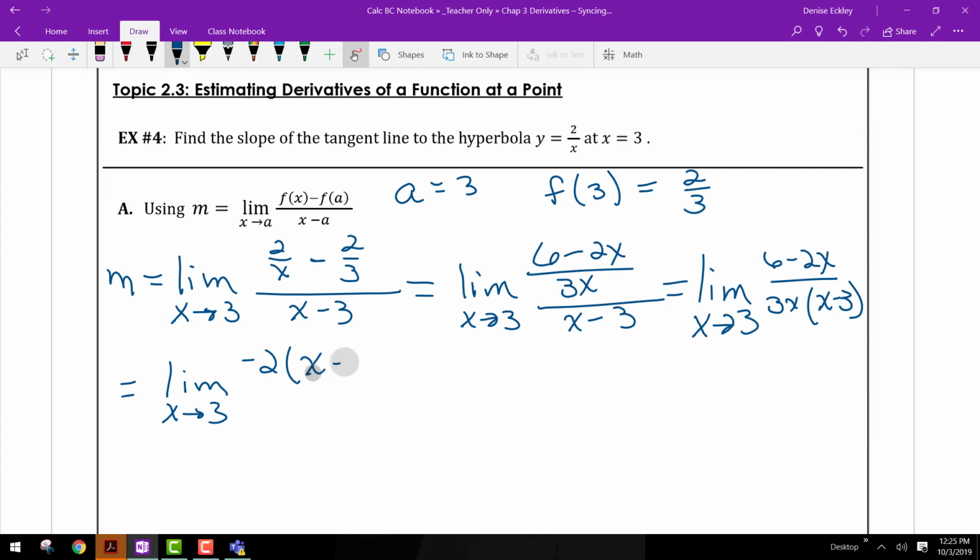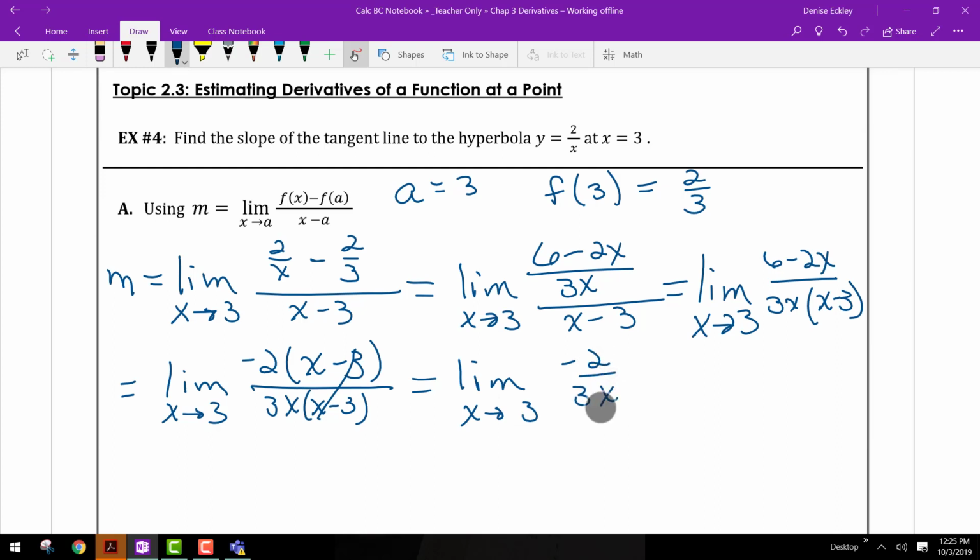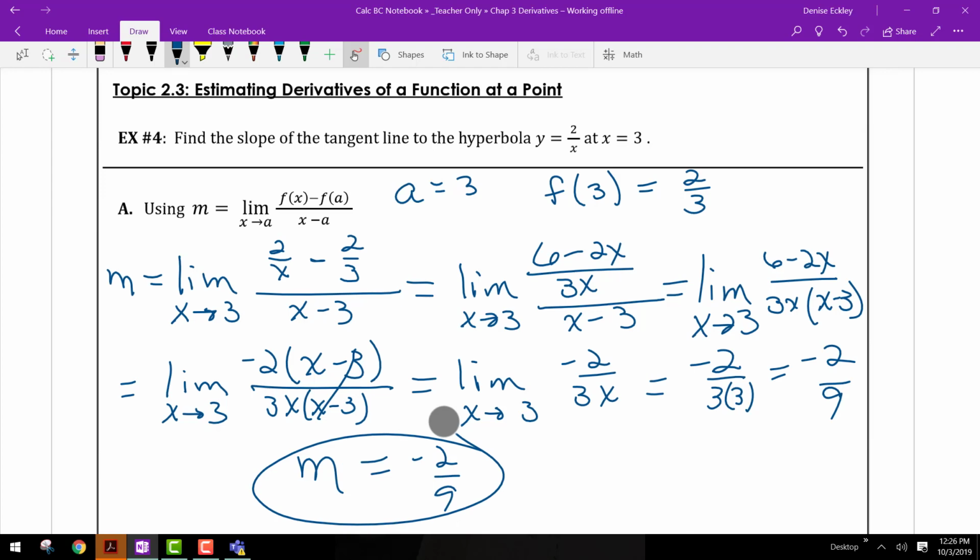I'll be left with (x minus 3) over 3x times (x minus 3). These will cancel. So I'm taking the limit as x approaches 3 of -2 over 3x. I can now direct substitute, and I get -2/9. So my slope of the hyperbola at x equals 3 is -2/9.